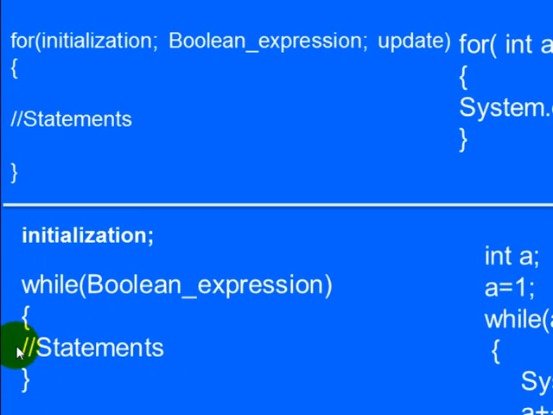In addition to these statements, the update part, which is also a statement, is also given here in the while loop. So initialization is prior to the while loop, then along with the while loop we have the conditional expression, Boolean expression, and the statements are given along with the update statement.